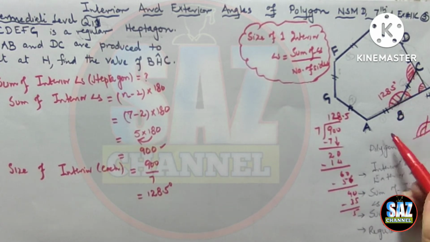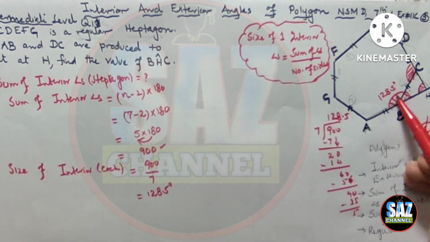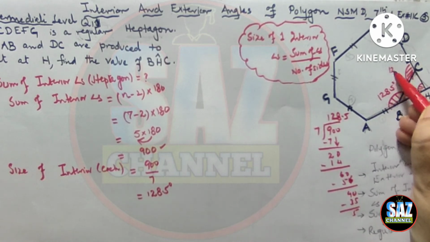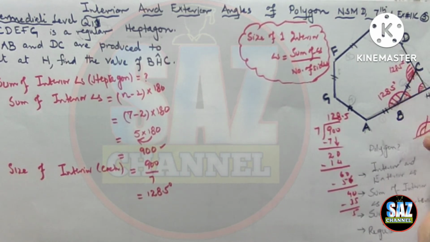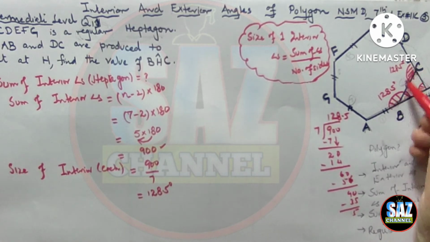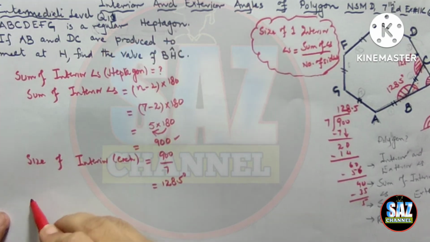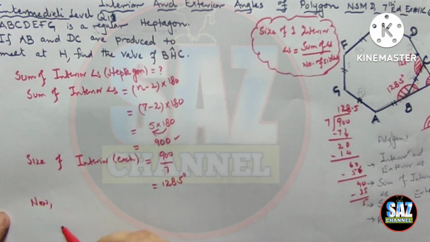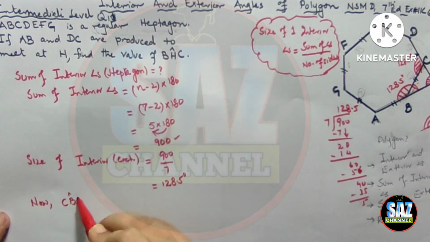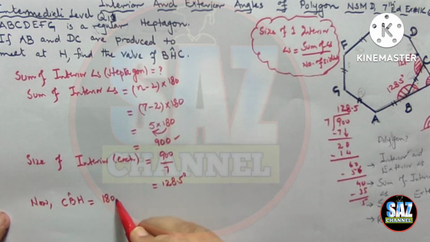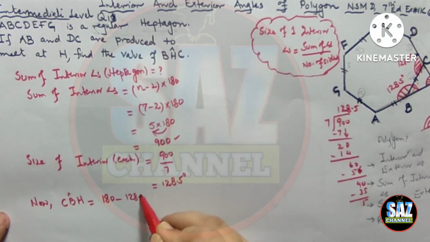So this is not the requirement. Our requirement is to find angle CBH. Angles B and C both will be of measure 128.5, and why are they of the same measure? Because they are the angles of the regular heptagon. And now CBH angle will be equal to 180 minus 128.5.